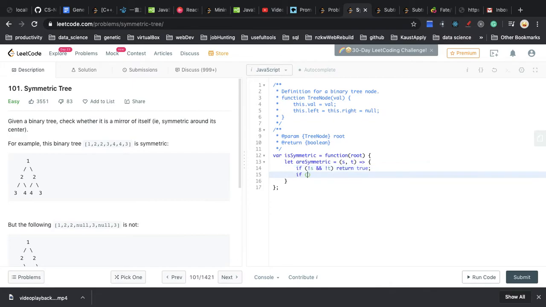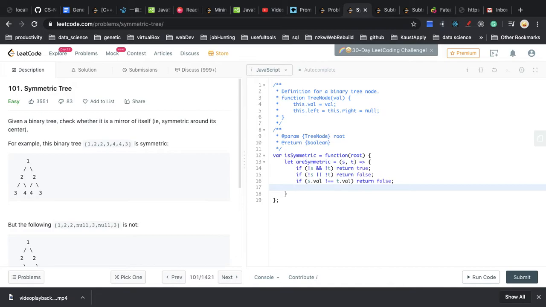The second condition is if one tree exists and another doesn't, then they are not symmetric. Then we compare the values of both trees, and if the values are not the same, they are not symmetric.